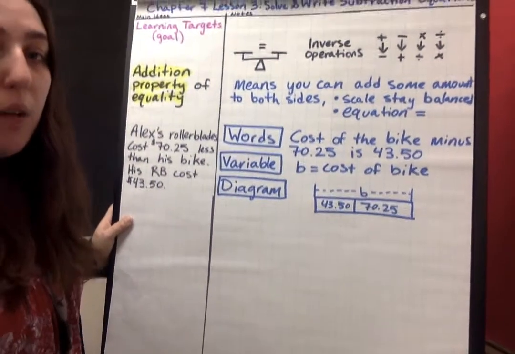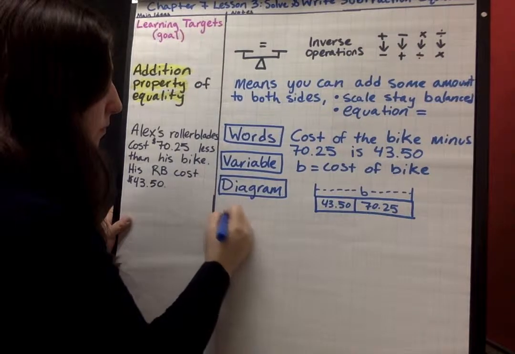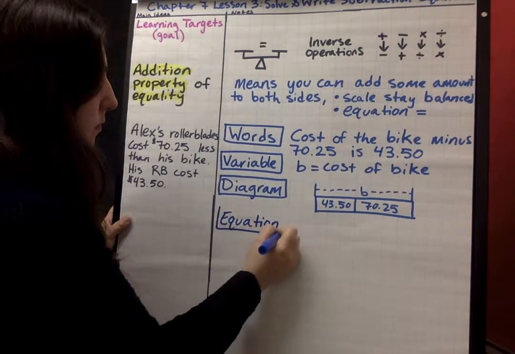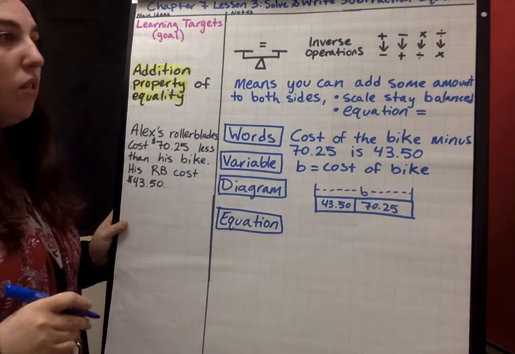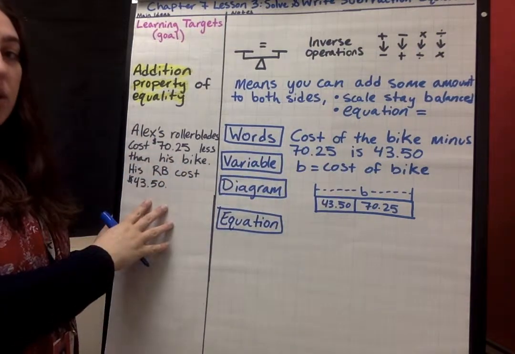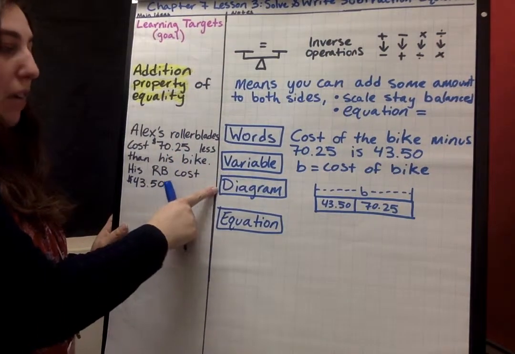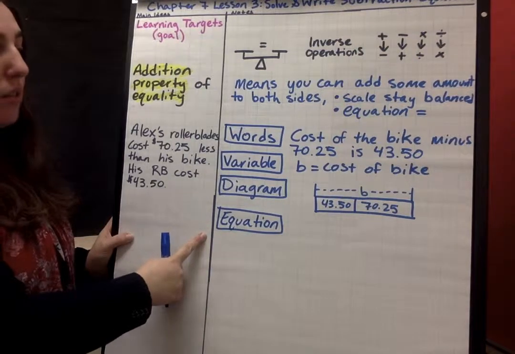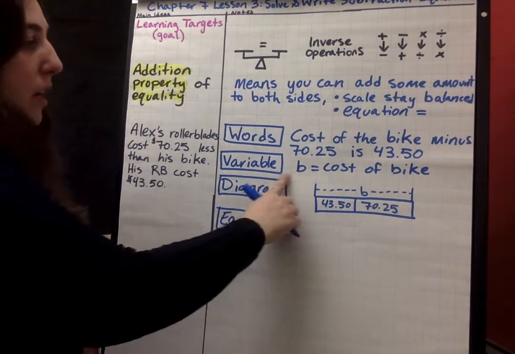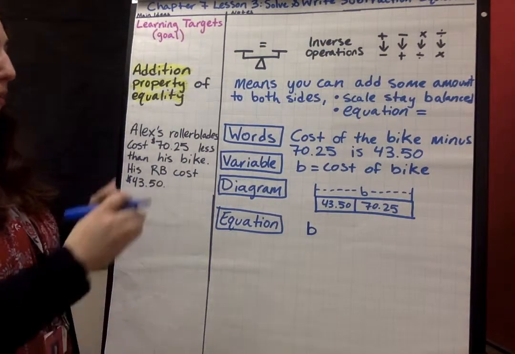Now we are going to write our equation. This is the last thing in the process. Okay, so our equation we are going to get from all of this. We have our whole situation here. We have the words. We have the variable that's defined. We have a diagram. Now we just need an equation. So my equation is going to start with the bike, B, my variable, because I know that I'm subtracting. So it's going to be the bike.